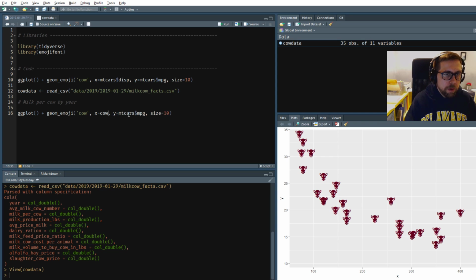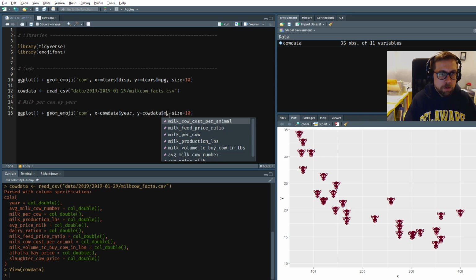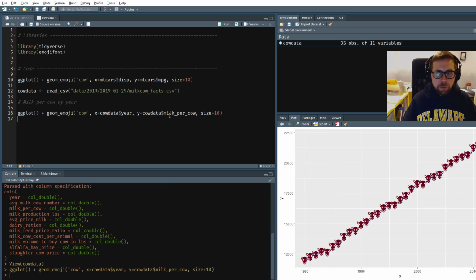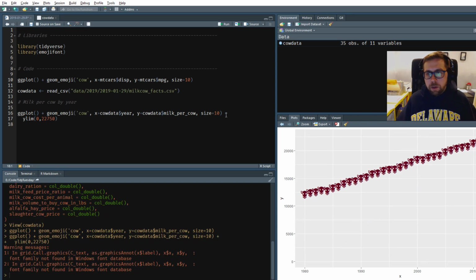So the X here will be the cow data year, and the Y is going to be the cow data milk per cow. And it's going up. Yeah, so we had to fix the axis here. Obviously, it's auto-scaling this y-axis. So we'll set this to like 22,750 or something is the max. And that's a little more realistic, but yeah, it's still going up.